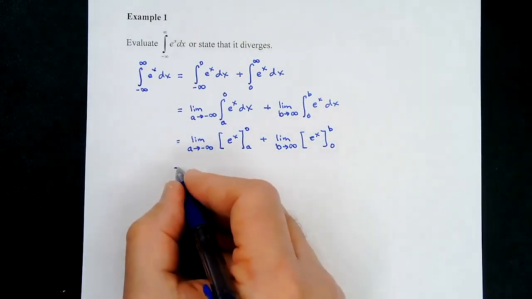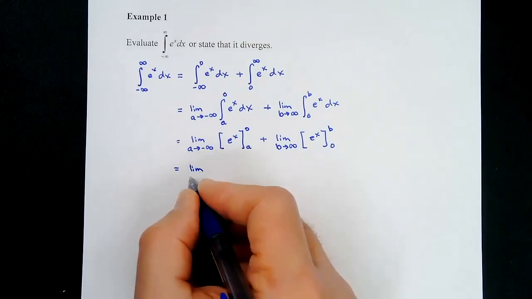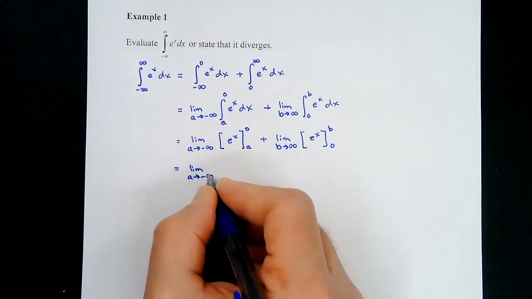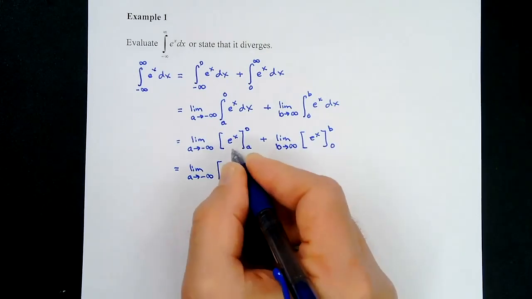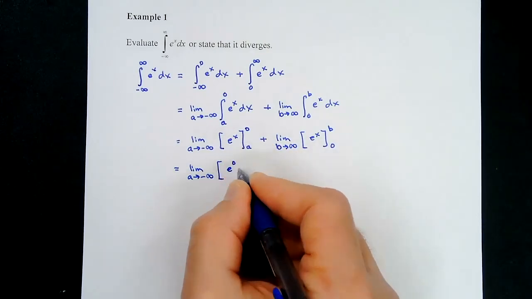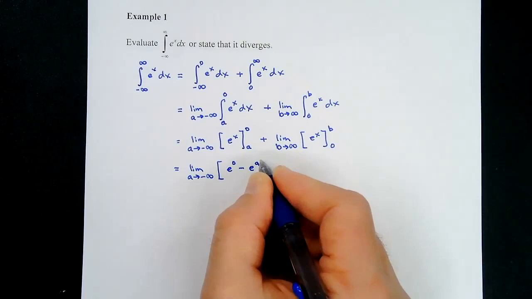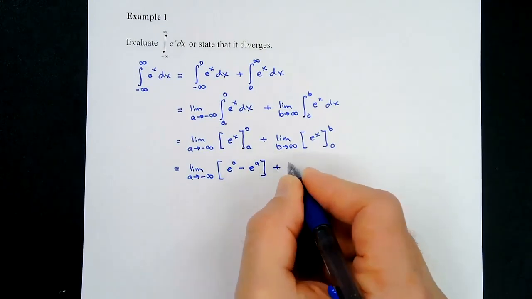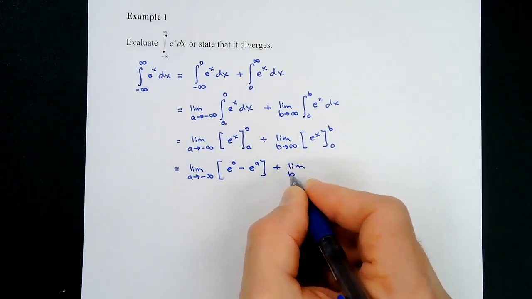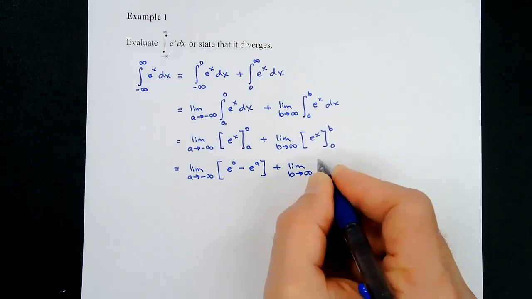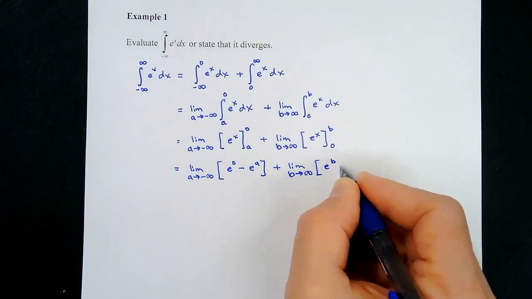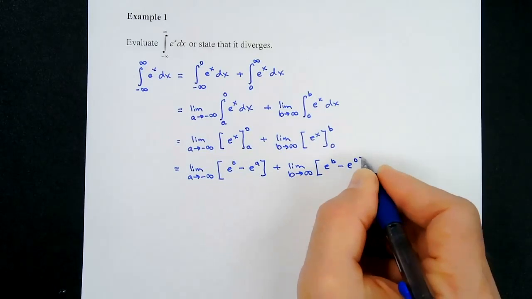Okay, so then this is the limit as a approaches negative infinity of e to the 0 minus e to the a, and then plus the limit as b goes to infinity of e to the b minus e to the 0.